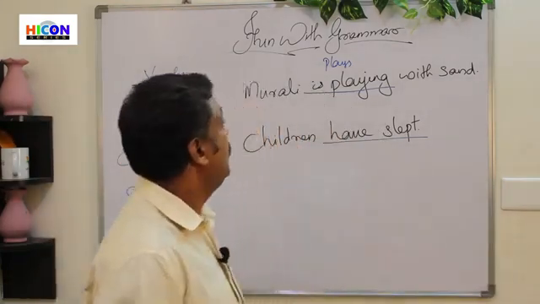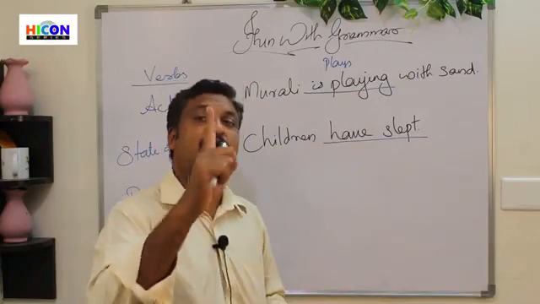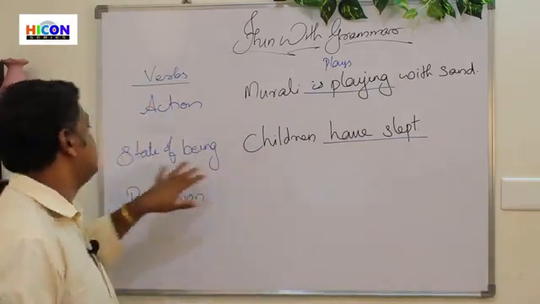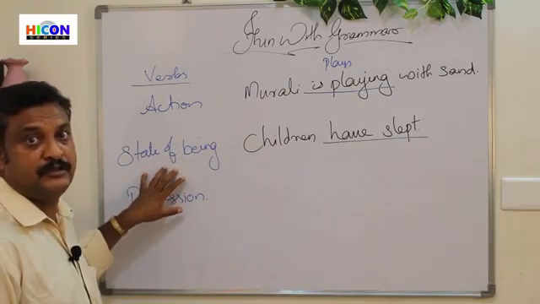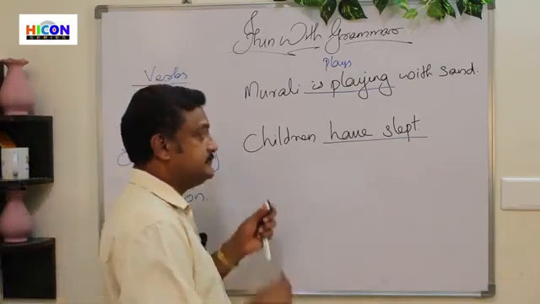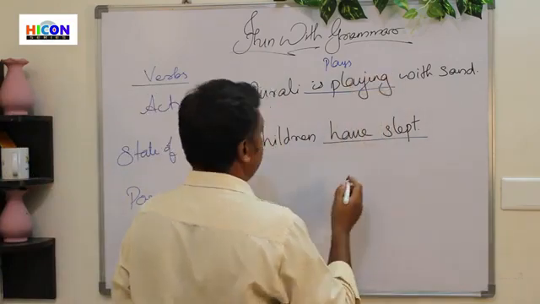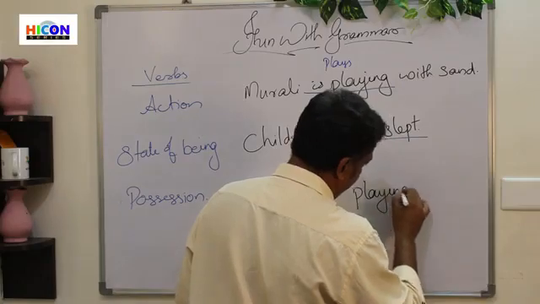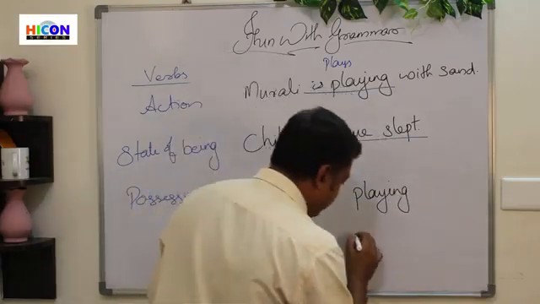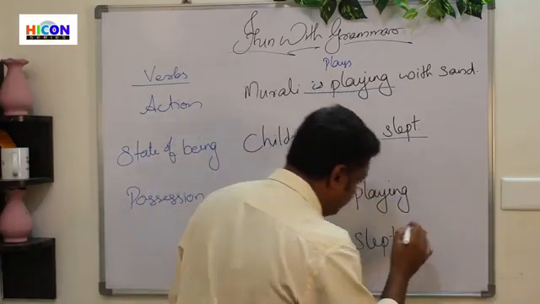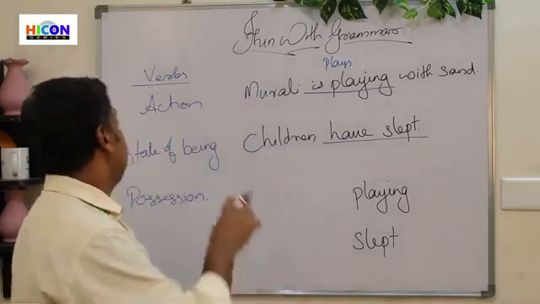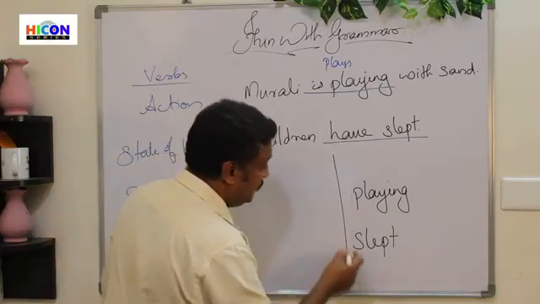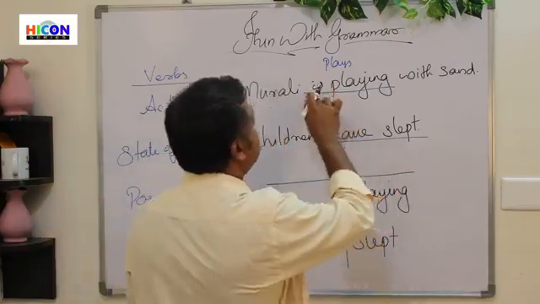Clear? Now, in these two words, only one word shows the action. Only one word shows the state of being, isn't it? So what is that word? In the first sentence, we have playing. In the second sentence, we have slept. That is the word that shows an action or a state of being. And what about the second word?